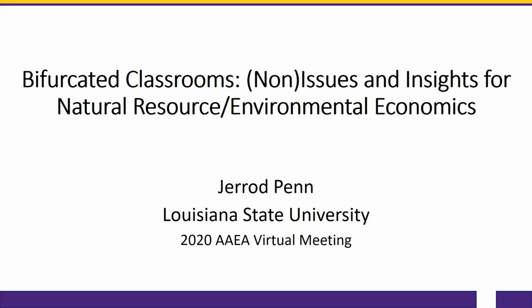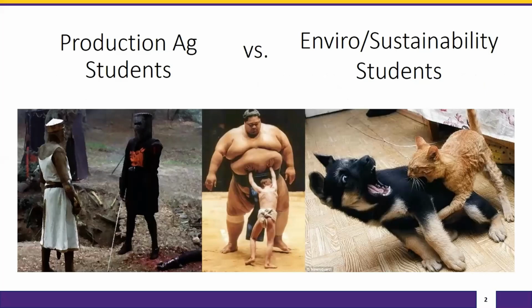So the premise of this talk was when I would instruct classes at University of Kentucky in grad school, I saw some contentious moments where some of the environmental or sustainability warriors really felt passionately, and there could be contentious moments with the sort of traditional production ag kids. And I was thinking about how do instructors around the US resolve this, or how often does this occur, and how might that change with the different types of classrooms.